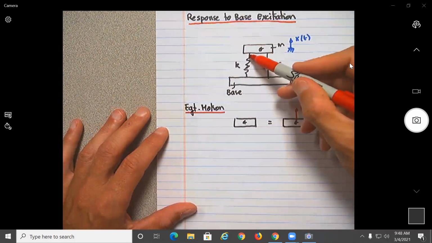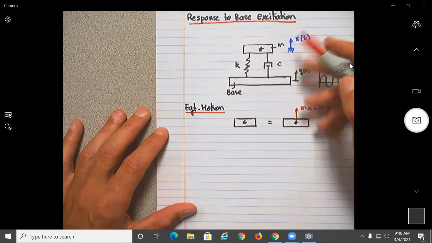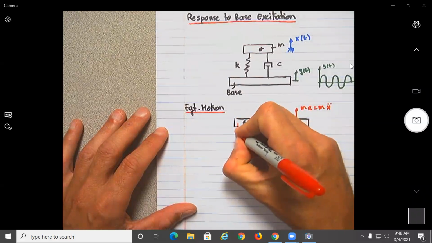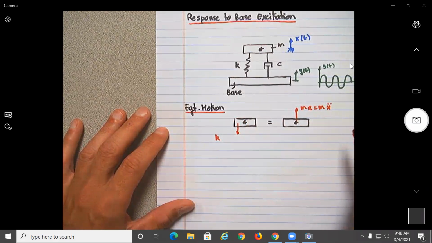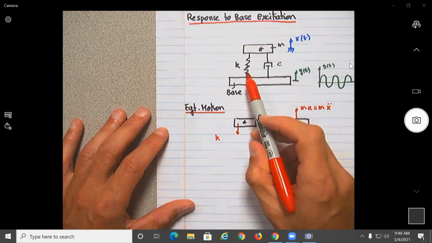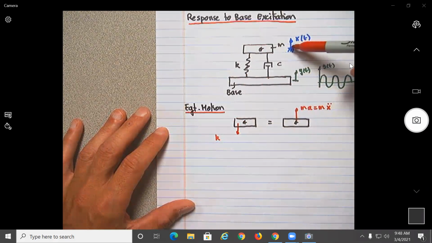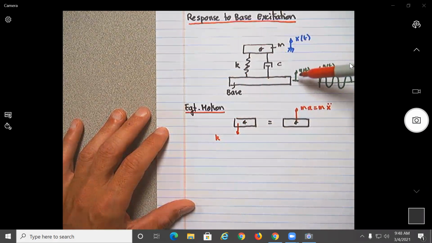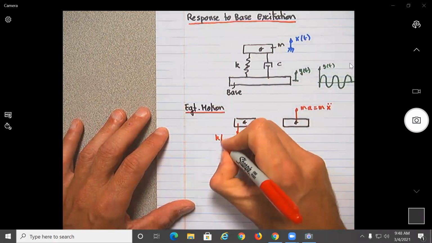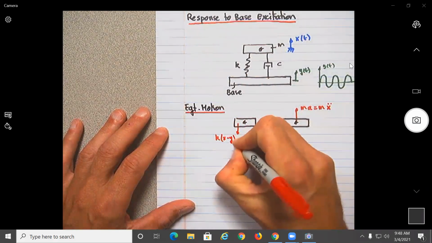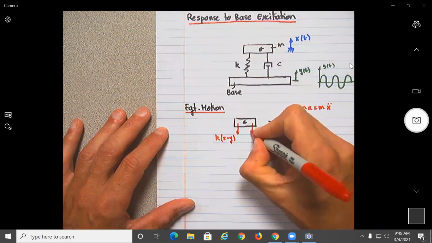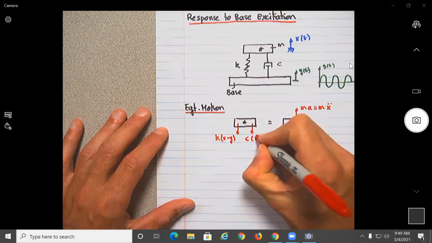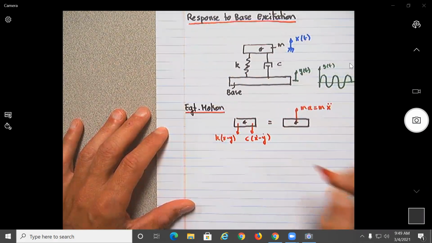It would be the force of the spring and the force of the damper. But be careful, because what will be the elongation of the spring? It will be whatever this is elongating minus this one. So it will be k times (x minus y), and for the damper, c times (x dot minus y dot).